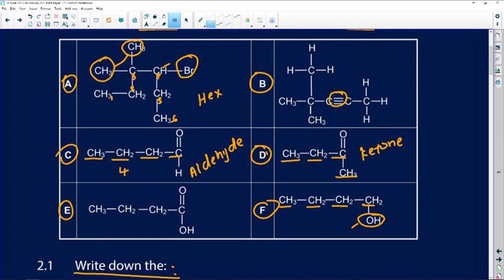So therefore this will become number 1, this will become number 2, number 3, number 4, and therefore we can look at this. Which one is number 5? We can say you are number 5. Therefore these two here will become the side chains at number 4. So we have 4,4 dimethyl.